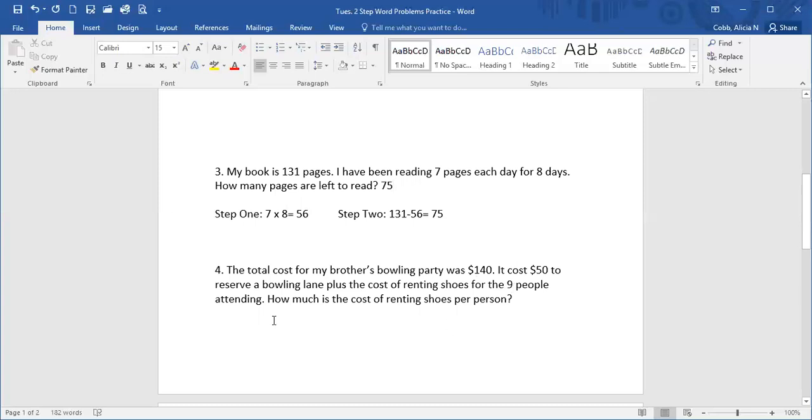Okay, so now we have to do step 1, and we have to figure out the first operation that we need to do. So what I notice is that I need to subtract 50 from 140.